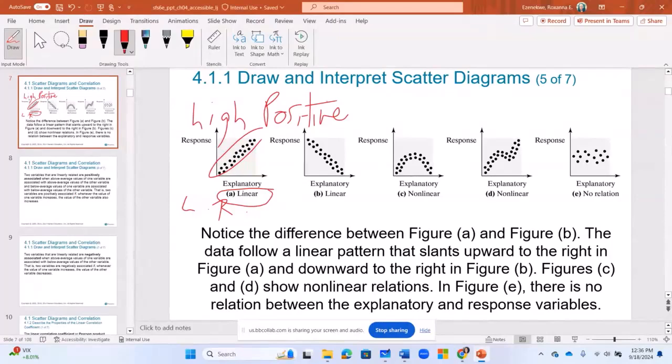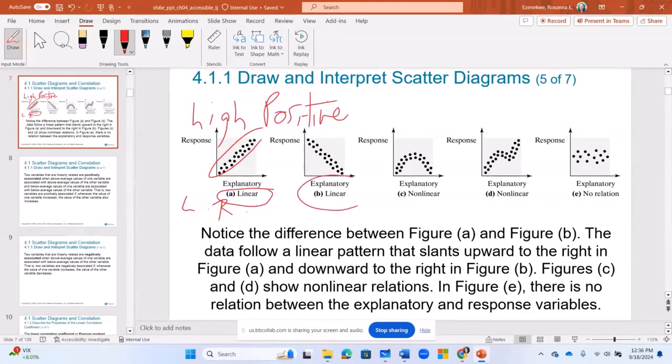If I see that the points are pointing in the right direction, even though the points are not on the same line, they're not collinear, I can see that the line that will fit this scatter plot is a line with a positive slope. We say that the data has a high positive linear relationship.